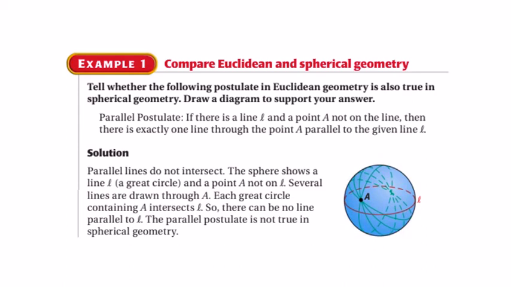Now, if L here is my beautiful line, what we are calling great circles, I can pick this point A, there is definitely some sort of circle that is parallel to it, but that is not a great circle. So I can create a whole bunch of options of great circles like we have in green, but this does not hold true. The parallel postulate is not true in spherical geometry.